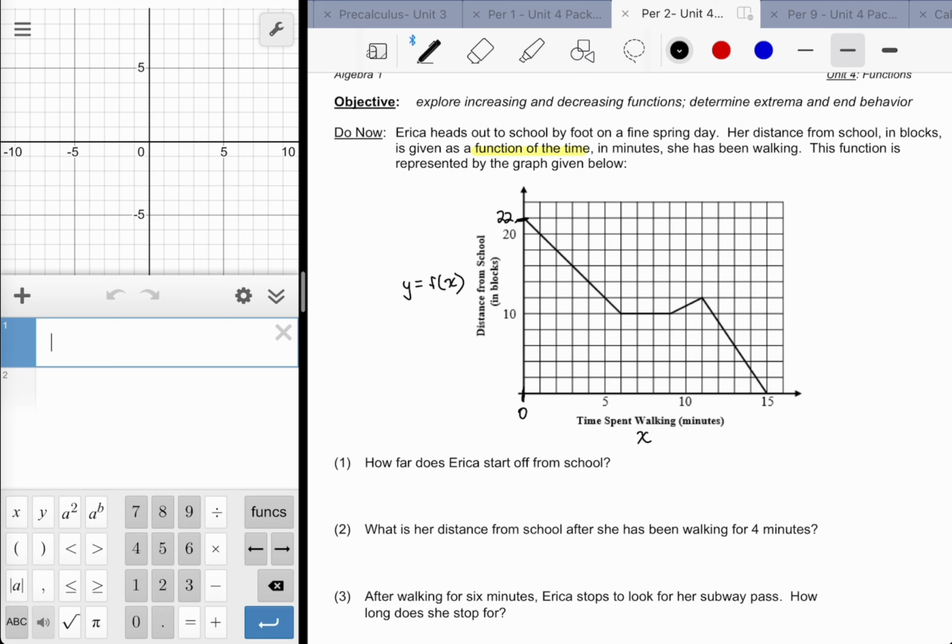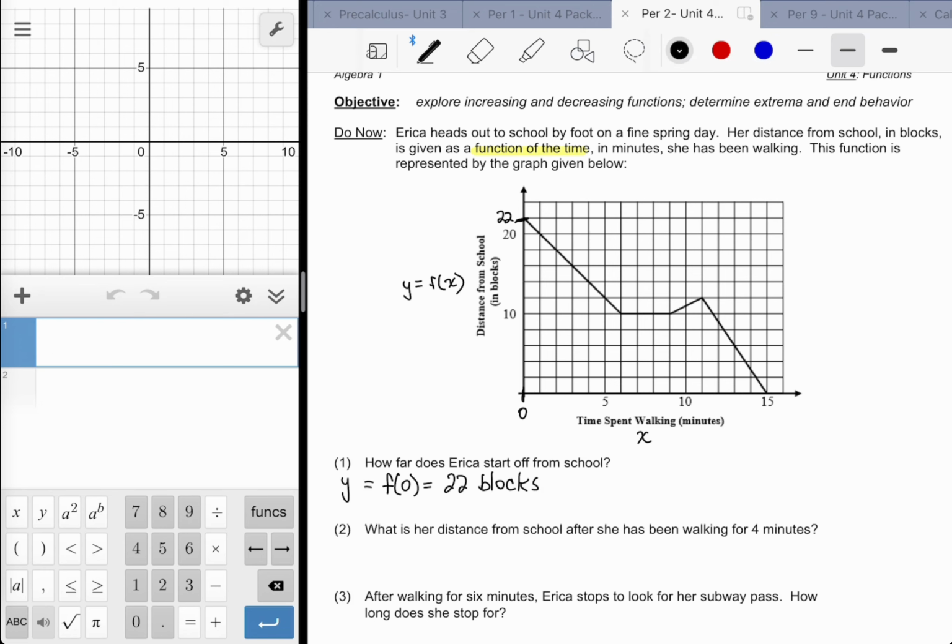You can pull that right off the graph, and if it's a multiple choice question, that might be fine. But in terms of having the appropriate notation, what we would say is f of 0, y is equal to that f of 0, which is equal to 22 blocks.